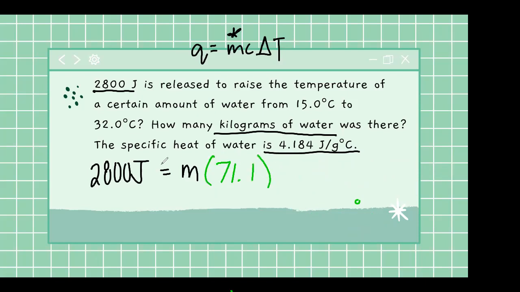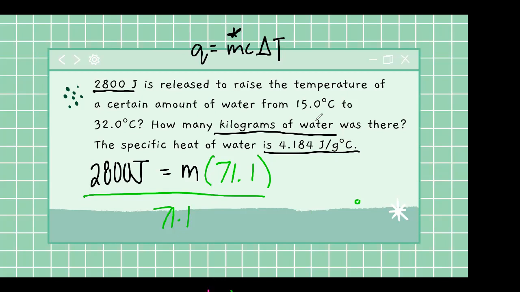So then we isolate the variable, the M, right? So we have to divide both sides by 71.1 in order to get M. Okay, so what is our mass? 39.4.